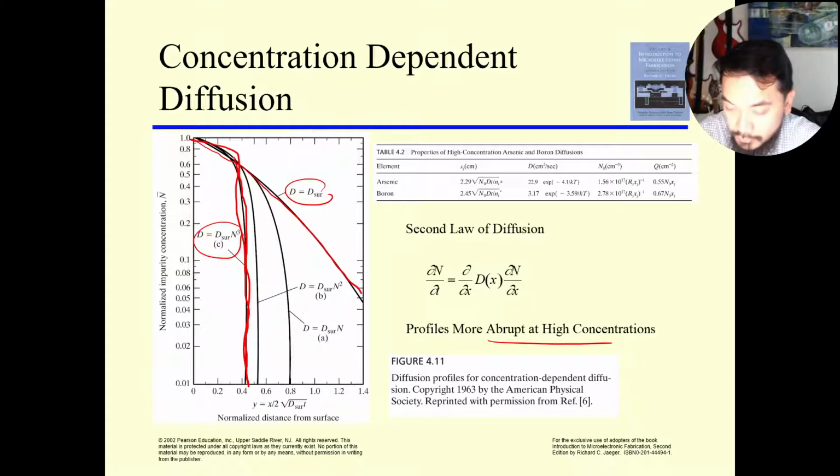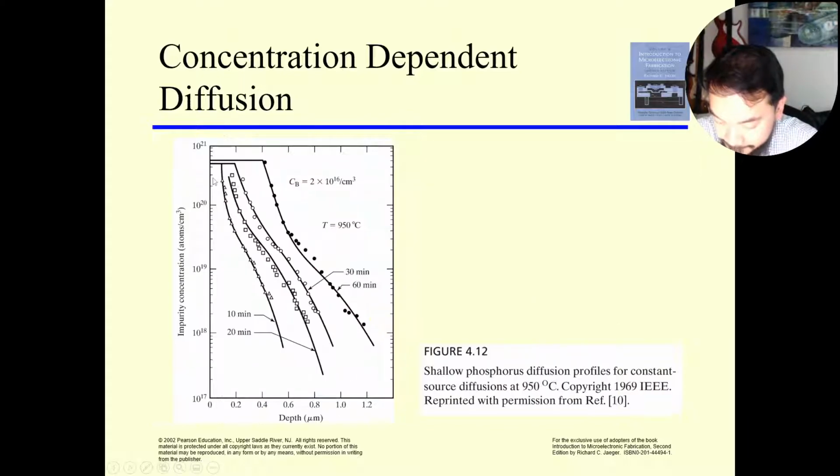So you have a high concentration, shallow junction. Sometimes if you use phosphorus, the diffusion profile for constant source diffusion at 950 degrees is abrupt and has a kink. This is the kink, and sometimes this is not very desirable.